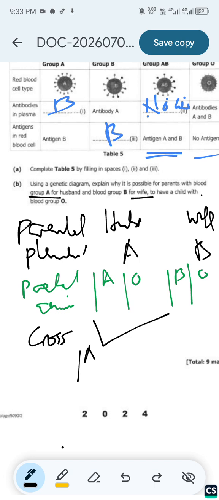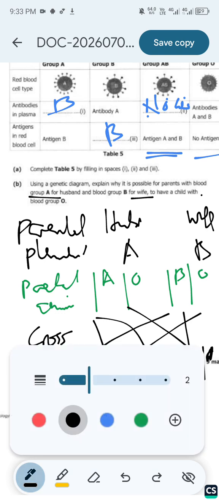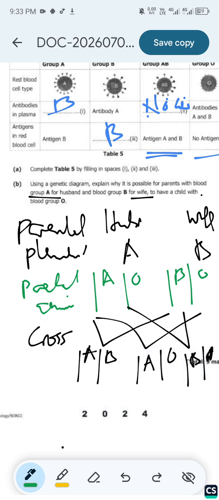So this is going to be AB, and then this one with the last one, we are going to have AO. Then we cross this one with this one, we are going to have BO, because B is dominant. And then the last pair, which is this one by this one, we are going to get OO because they are all O.